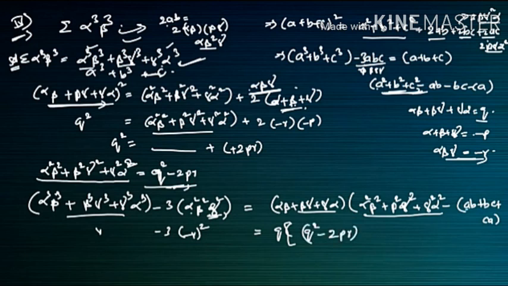So into this AB, BC, CA, so this A into B, B into C, C into A. So it will become like this: minus alpha beta gamma into alpha plus beta plus gamma will come. So how?